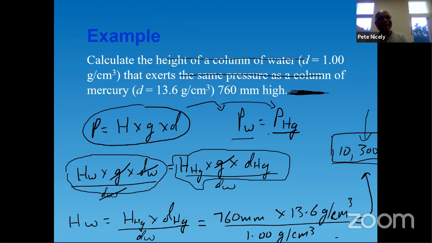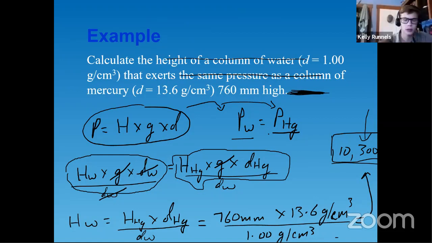That is due to the fact that mercury has a relatively high density. I don't think there's any liquid that has a density as great as that of mercury. So this problem explains why mercury is the liquid of choice for instruments such as the barometer or the manometer, all right?